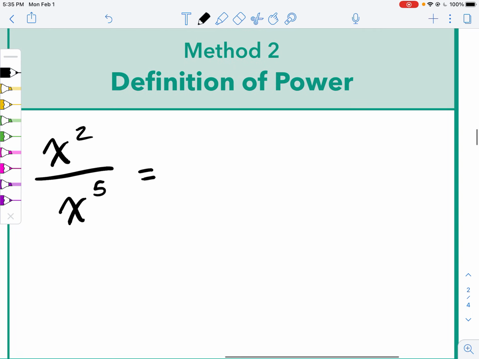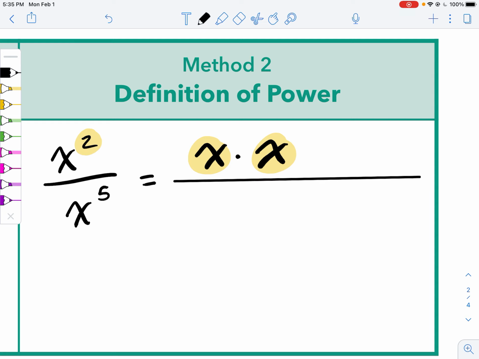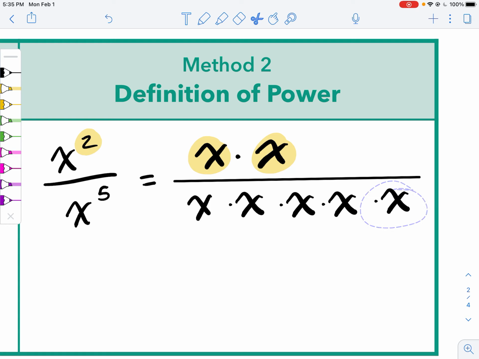Let's look at it a different way by looking at what it means to be a power. What is the definition of power? X squared means x times itself twice: x times x. That's 2 of them. X to the 5th is x times itself 5 times: 1, 2, 3, 4, 5.